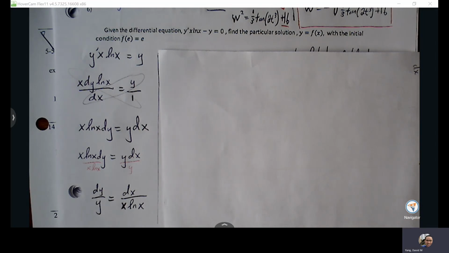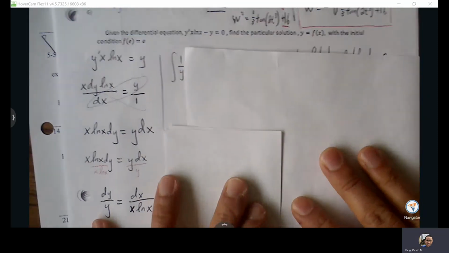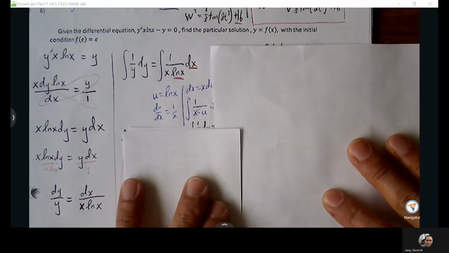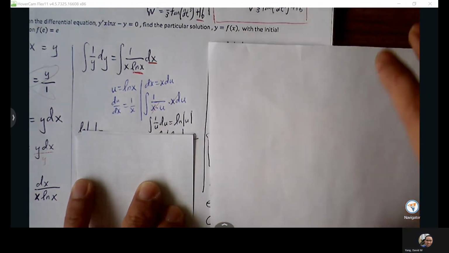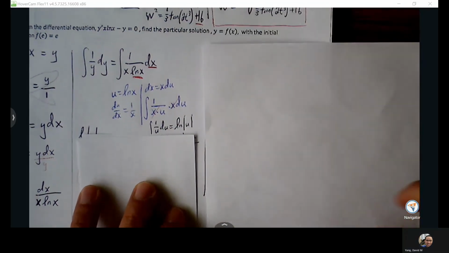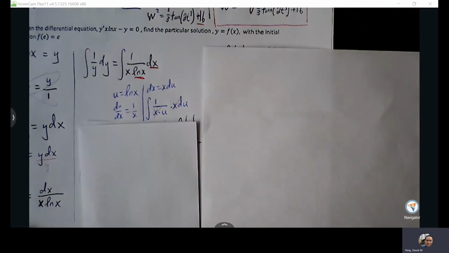Okay, the left side should just be a natural log rule, but the right side we have to go through what? U substitution. What's the u value that will make this work? Yep, natural log of x. So du over dx would be 1 over x.